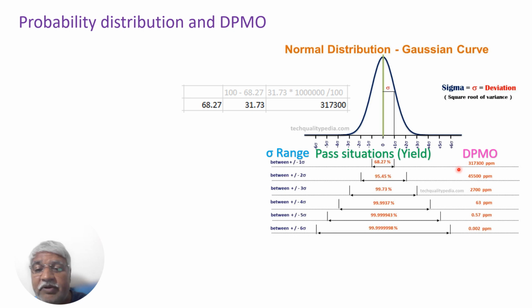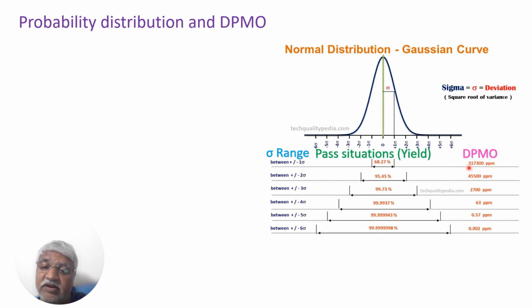So those many parts exist in 100. In a million, these many parts exist. That means these are defects. But if you go to -2 sigma to +2 sigma, then it covers close to 95.45%.